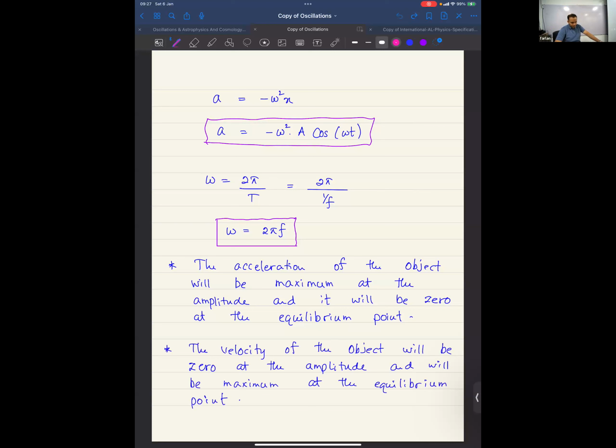Take it down. In point form: the acceleration of the object will be maximum at the amplitude, and it will be 0 at the equilibrium point.